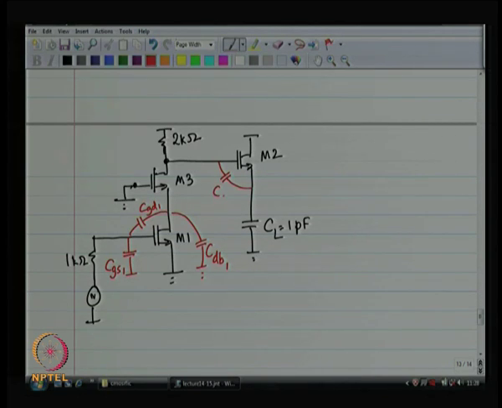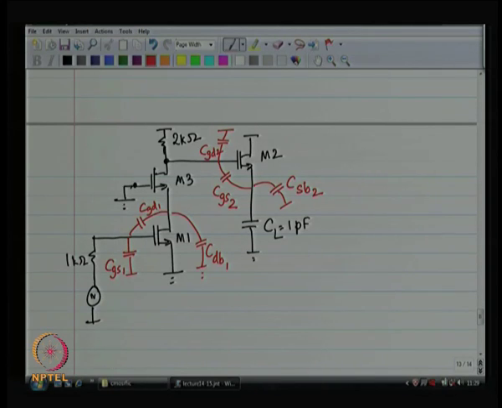Now, device number 2, we have gate to source of device number 2, we have source to body of device number 2, drain to body of device number 2 is irrelevant because both sides are at ground, gate to drain of device number 2. Okay.